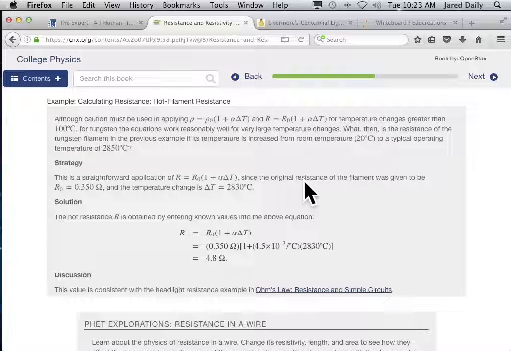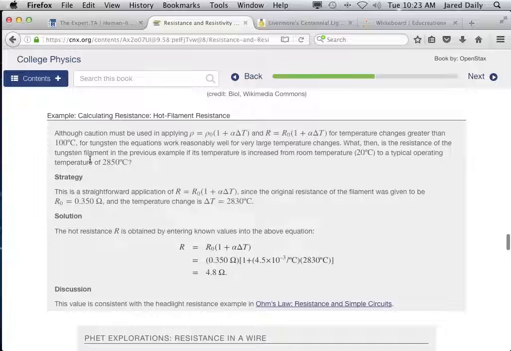We have a filament that has an original resistance of, we don't know what it is. Oh yeah, it's 0.350 ohms, given somewhere. It's tungsten.